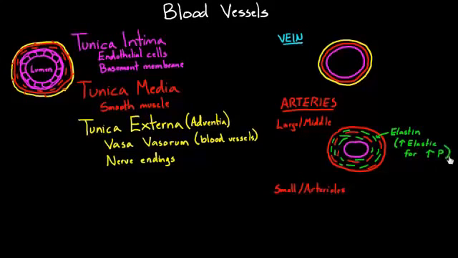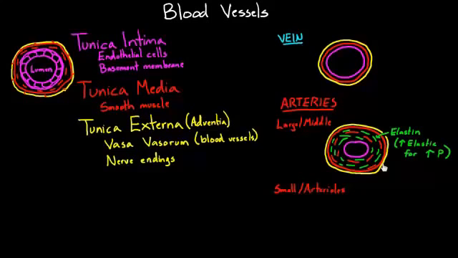And I'll write P for pressures. So that's what the middle layer looks like. And of course, you still have your outer layer as before. Okay, so you've seen one key difference now, right, with these large and middle-sized arteries.